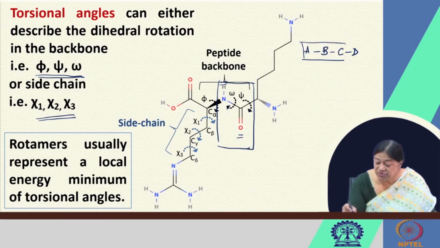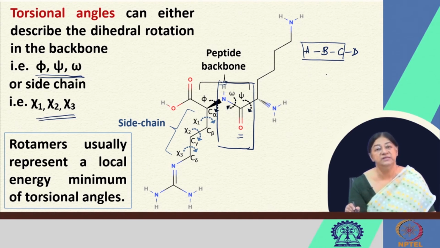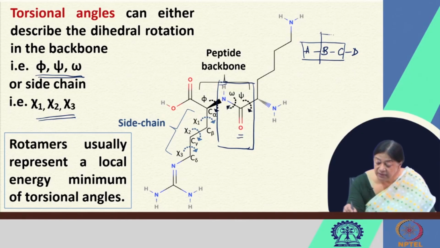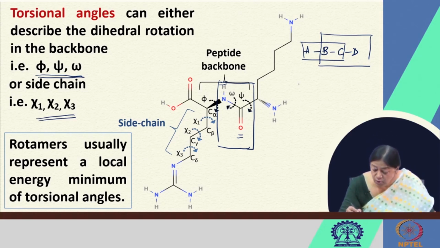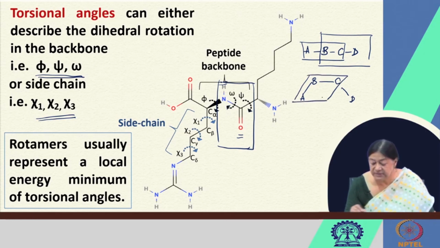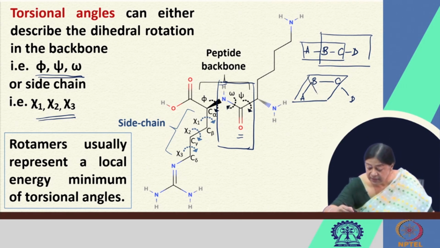So, I can define a plane using A, B, C. I can define another plane using B, C, D, and the angle between these 2 planes is what we call the dihedral angle. So, if we want to look at it differently, say we have A positioned here, B, C and D. I look at a plane that comprises A, B, C, and I look at another plane that comprises B, C, D.